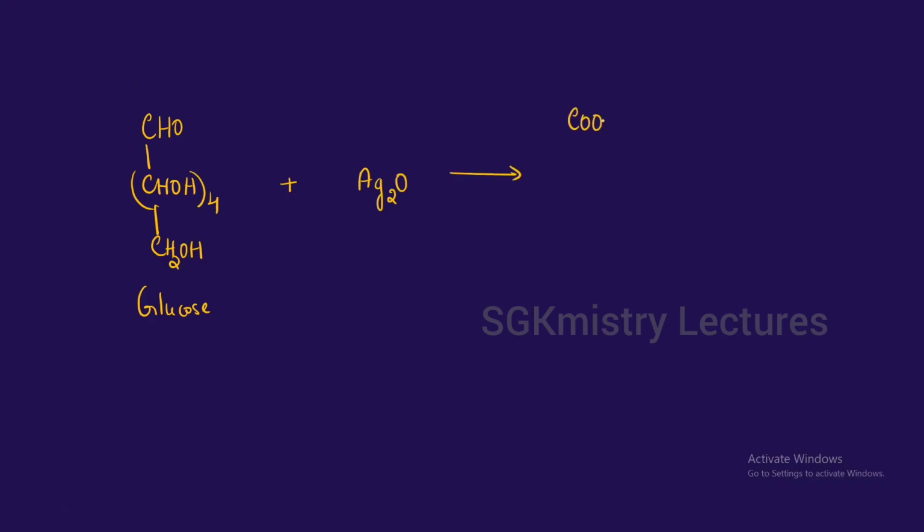Glucose I can write generally as CHO, CHOH 4 times, CH2OH. So this is glucose. On reaction with the Tollens reagent, we have the oxidation of the CHO group to COOH, with CHOH 4 times, CH2OH, which is nothing but gluconic acid, produced because of the oxidation.